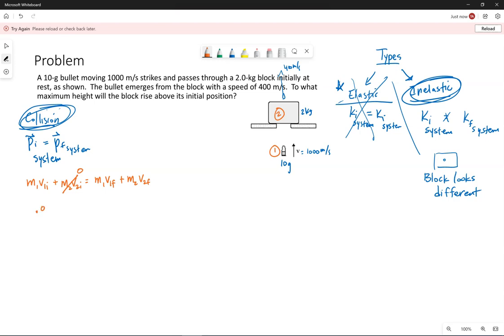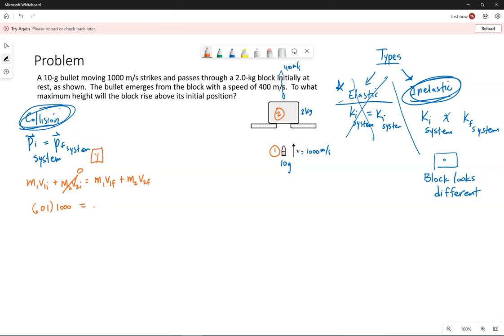The mass of the bullet is 10 grams, which we want in kilograms. The initial speed of the bullet is 1,000. It's completely pointed upwards. So I'm essentially finding this conservation of momentum in the y direction specifically.